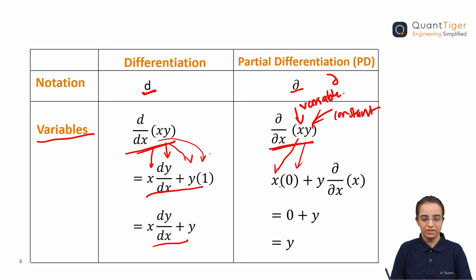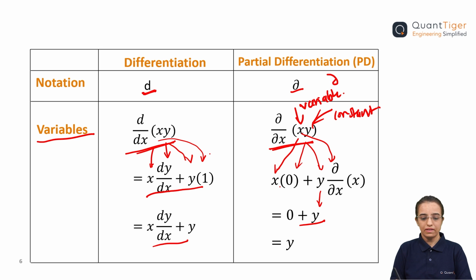So constant का differentiation 0 होता है, plus second function as it is, and differentiation of first function, which is del upon del x of x, x का differentiation हो जाएगा 1, और यहाँ पे सिर्फ y आ जाएगा.